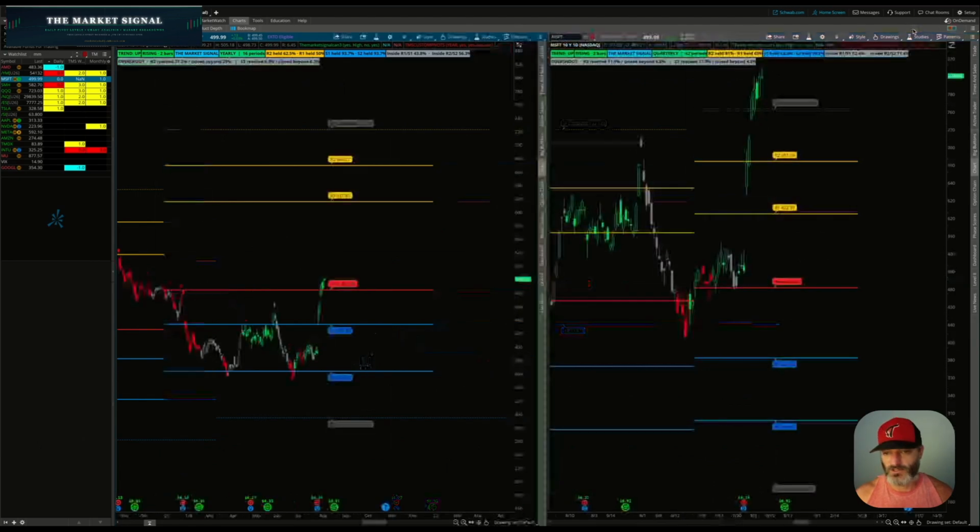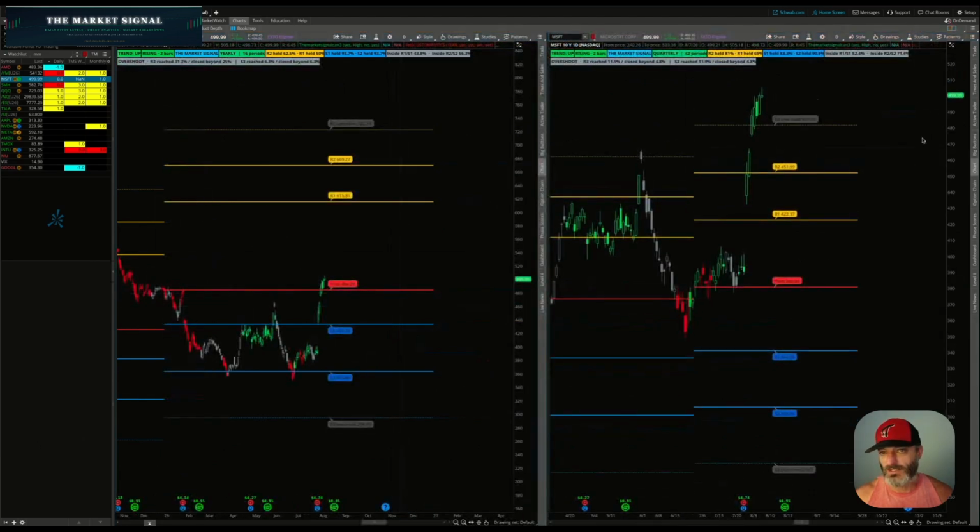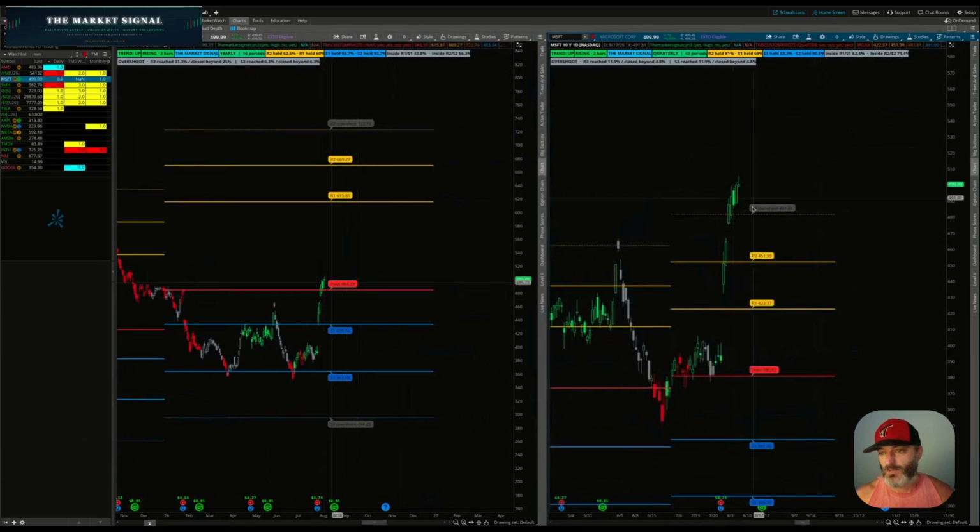Let's go back to the quarterly view. Hey, here's something that's interesting. We're above the R3 overshoot on Microsoft for the quarter. In 10 years, how many times have we closed beyond R3 for the quarter? Quarter ends 9:30. We've closed above that 4.8% of the time. 10 years' worth of data tells me that.